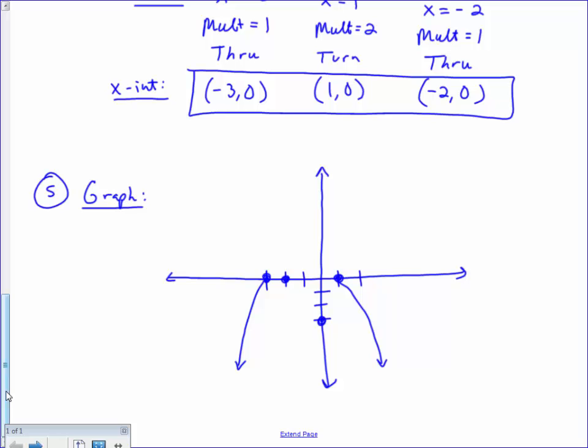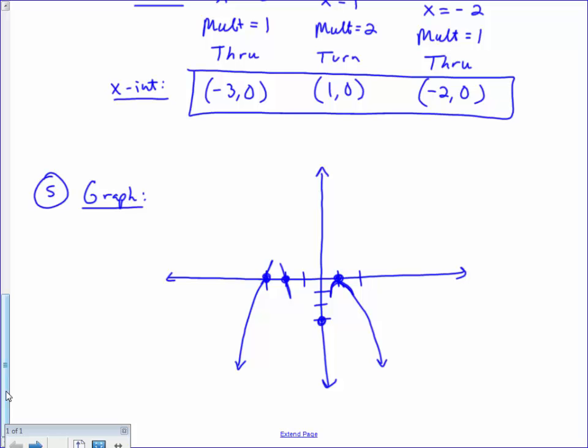Negative 3, 0, we know we have to go right through that 0. So we're going to have to go up and through that one. At negative 2, 0, we have to go through it as well. Notice that somewhere above or between these two zeros, we'd have to hit a maximum and come back down. We don't know where that value is, but we know that that would have to happen. And then finally, at the 0 of 1, 0, we'd have to turn. So this graph will have to turn at that point.